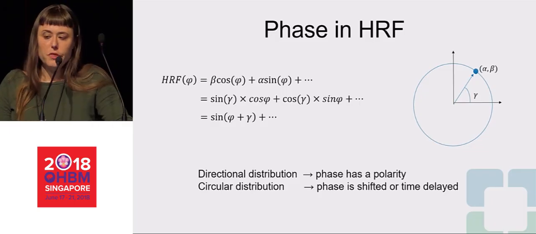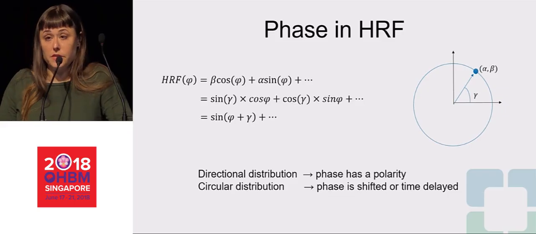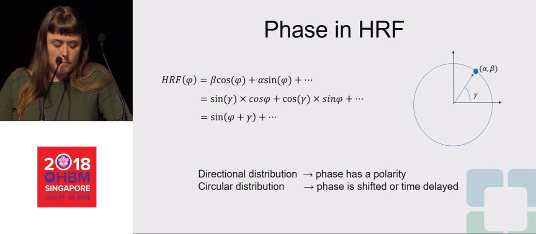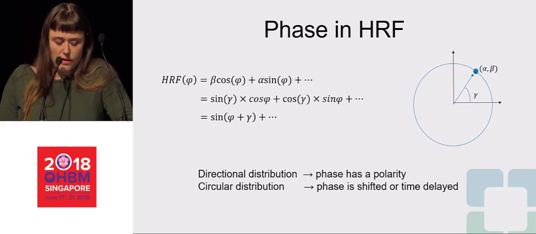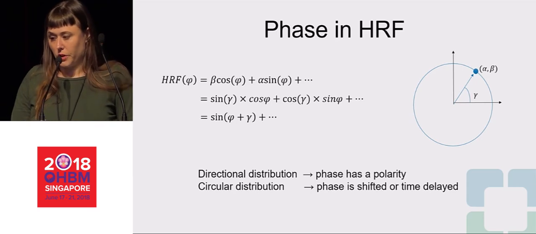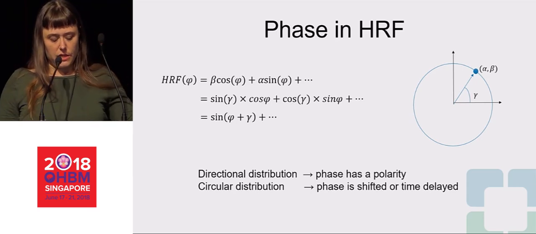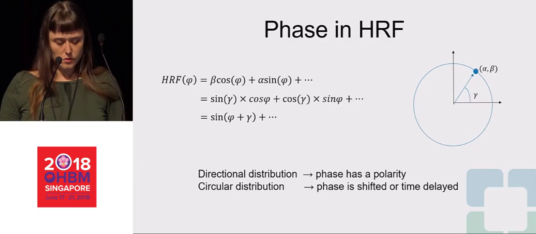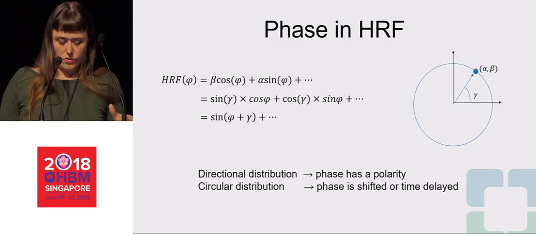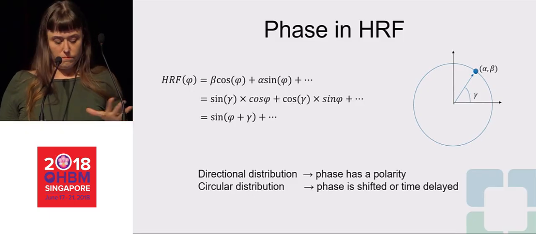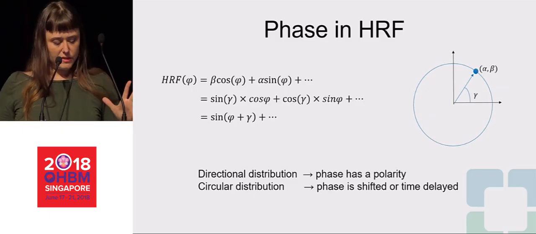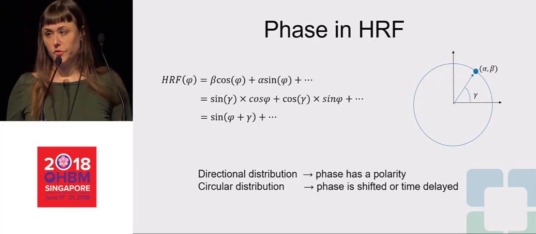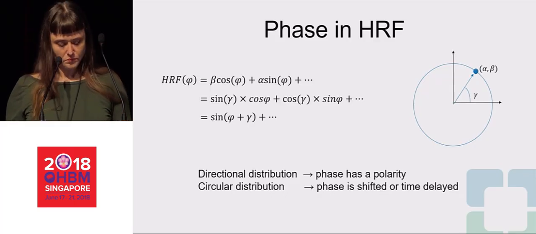With a directional distribution, like we see in the respiratory signal, that indicates that the phase has a fixed polarity. But when you see a more circular distribution, like you see in the cardiac signal, that indicates that the response functions have different phases, so they're shifted or time delayed.